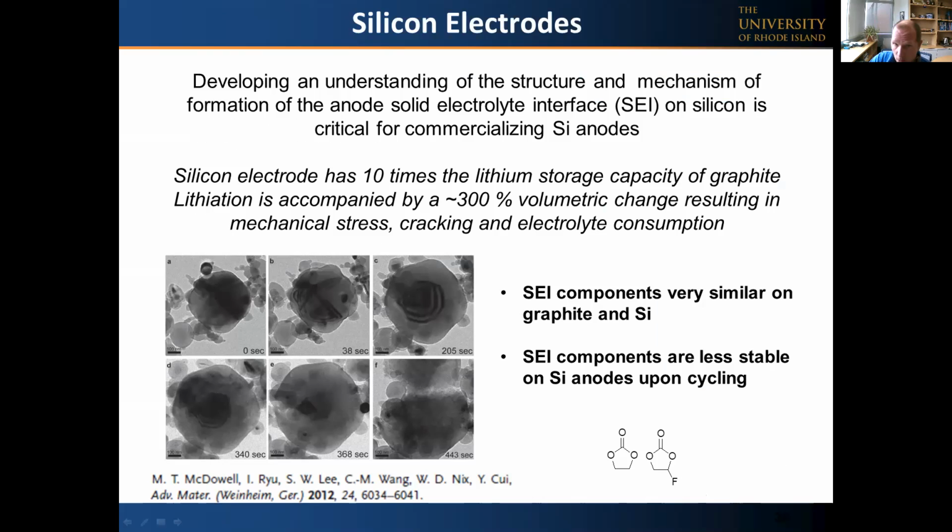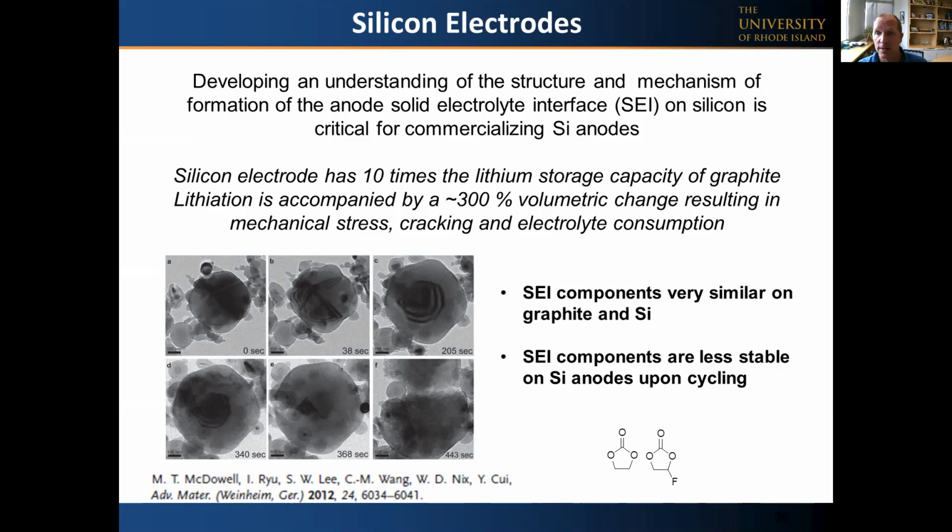So this brings us to the next section, which is silicon electrodes. The silicon electrode has significantly greater capacity than does the graphite, almost 10 times. However, the lithiation of the silicon is accompanied by a 300% volumetric expansion and contraction.